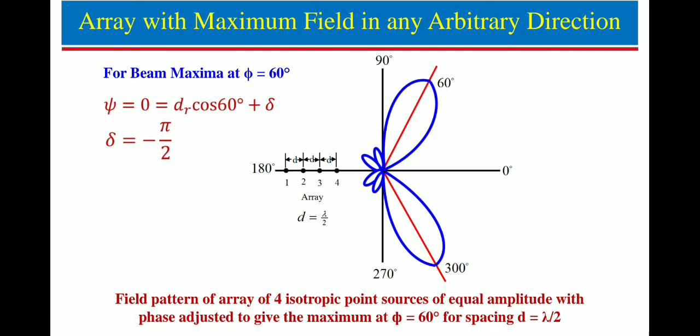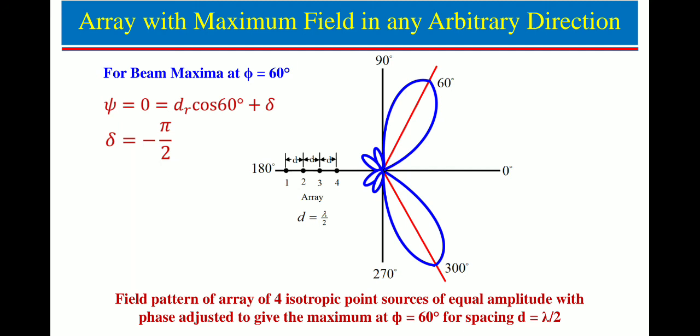So if we consider an array with maximum field in any arbitrary direction, then we can see the maximum at phi equal to 60 degree, psi equal to 0, that is d r cos 60 degree plus delta, and delta if you consider is minus π by 2 for this array system.